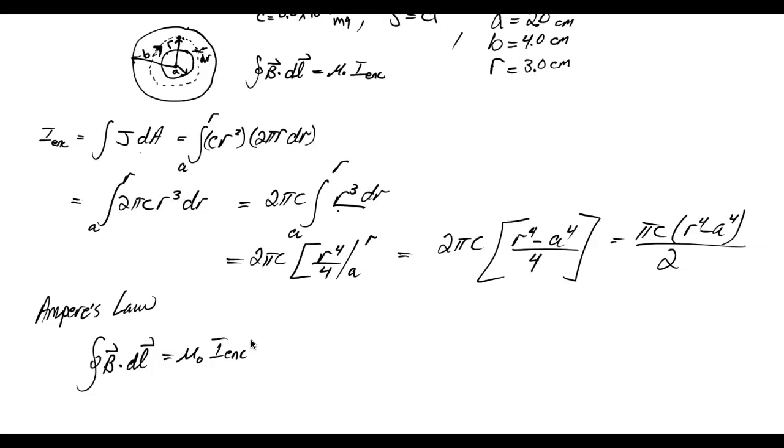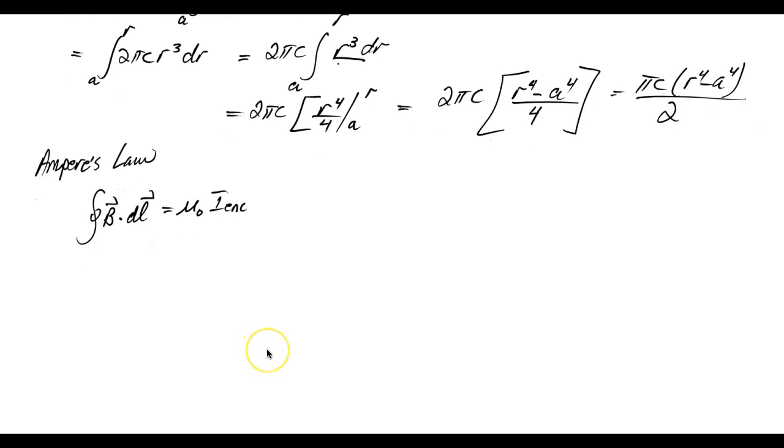And if we want to take B and L to be in the same direction, we can use that fact to get that the current, in order for the current to be out of the page, we need this current density to be negative in order for our equation to work, in order to get B and L in the same direction.